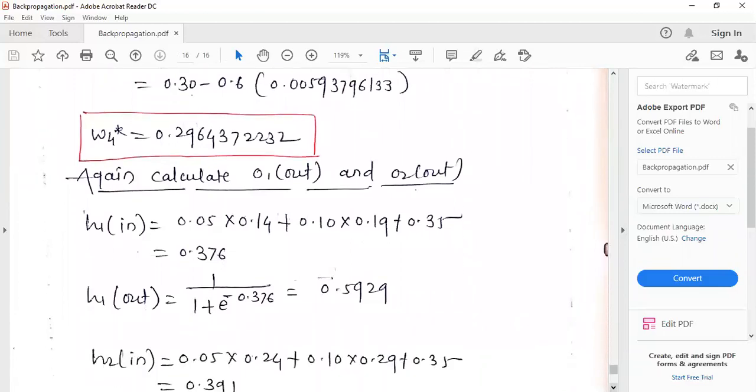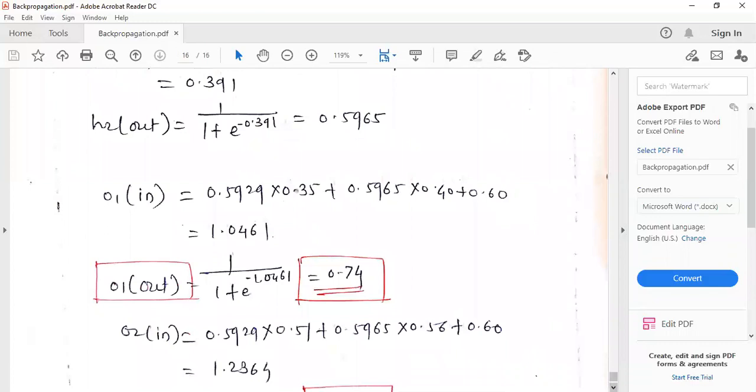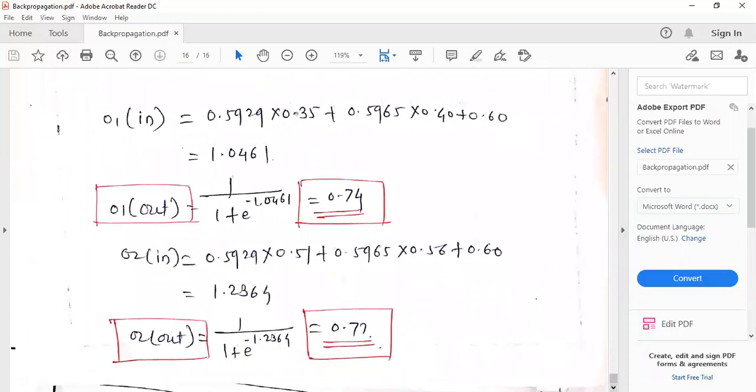Now again we have to repeat the task of calculating O1 out and O2 out. How is it calculated? H1 in and H1 out you have to calculate using the simple previous formulas, and H2 in, H2 out, again O1 in, O1 out, and O2 in, O2 out. Whatever we did before going for back propagation, you have to repeat here, and then you will get the values of O1 out and O2 out as 0.74 and 0.77.